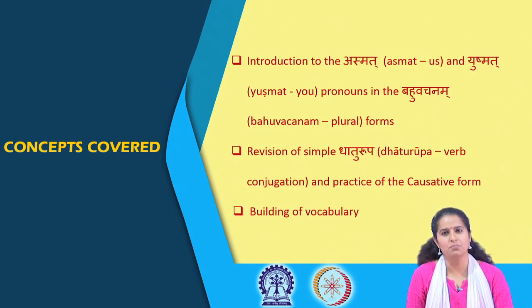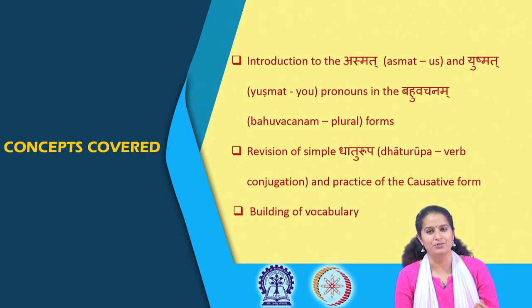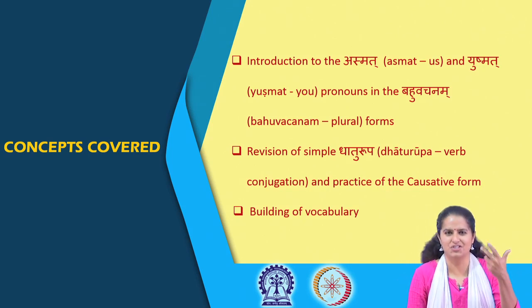I just wanted to mention at this point that we've already talked, in our previous course, the introduction to basic spoken Sanskrit, about how we refer to the first and second persons. In English we have the first person, second person, third person. In Sanskrit it doesn't follow that order. It's just a revision.